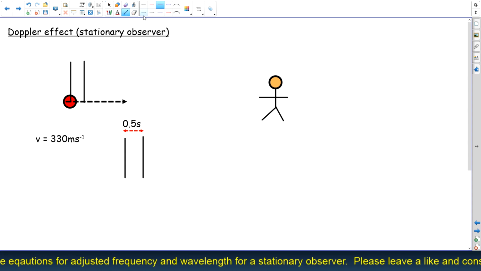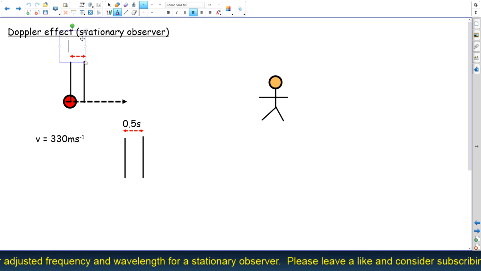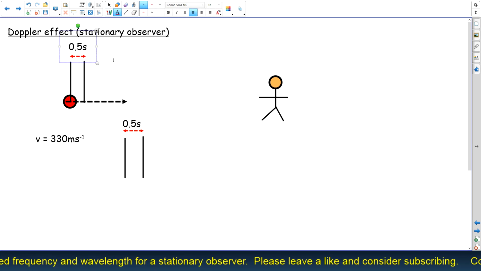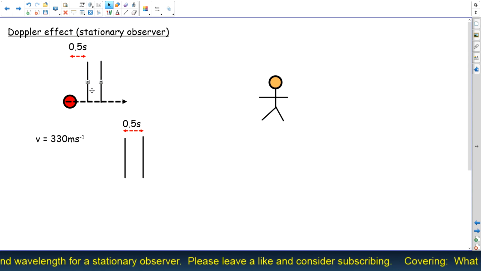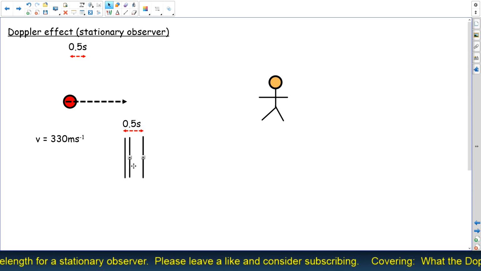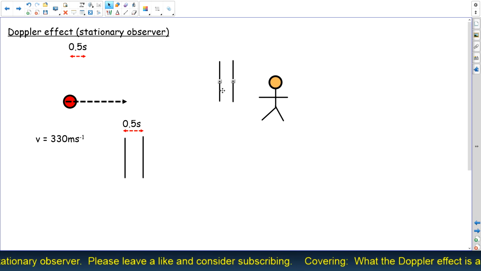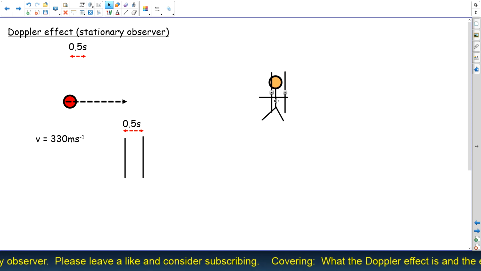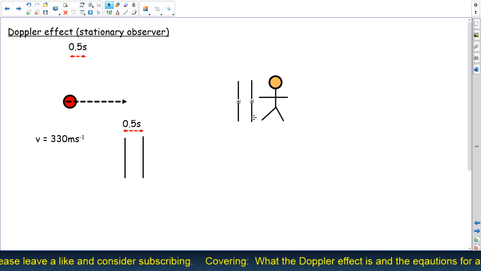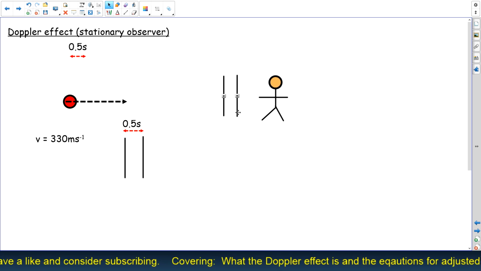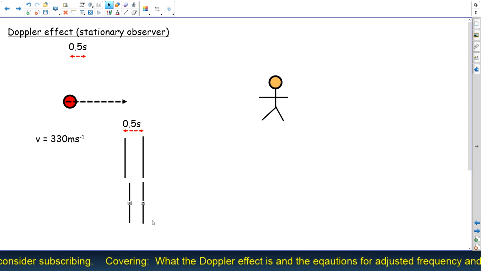The time between their production is still 0.5 seconds, but they are now closer together. When they arrive at the observer, they will appear to be shorter in wavelength and hence higher in frequency.